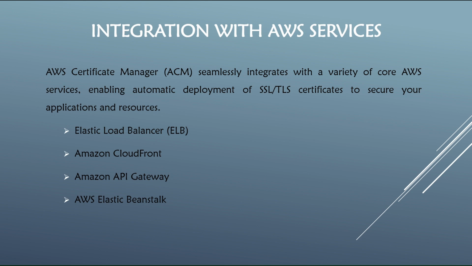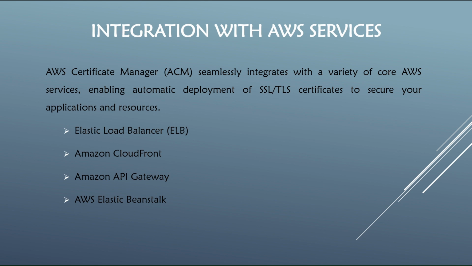So what is Elastic Beanstalk? It's a platform as a service that allows you to easily deploy and manage applications without worrying about the underlying infrastructure. It supports multiple programming languages and frameworks. So how is this integrated with Beanstalk? It has built-in SSL/TLS support and HTTPS configuration, and simplifies certificate management.